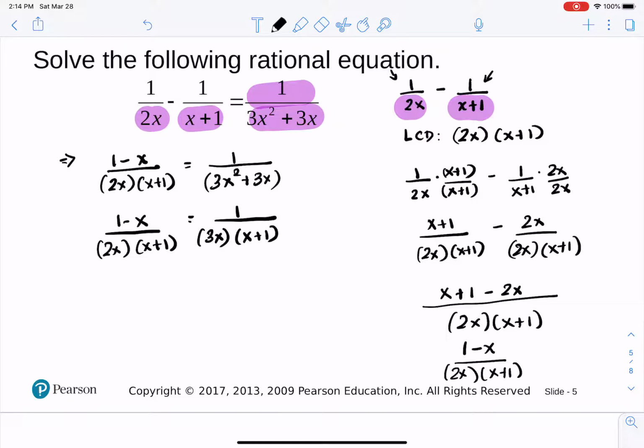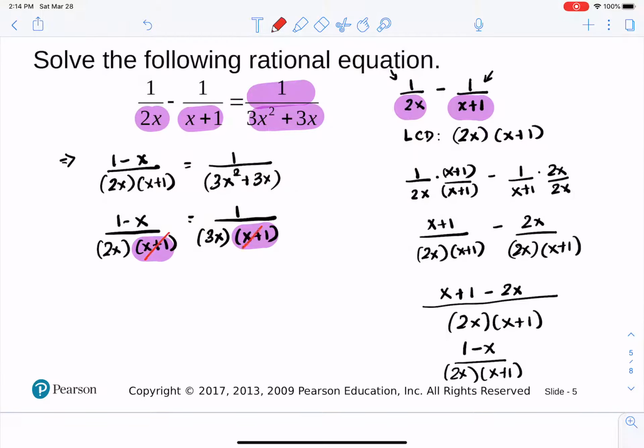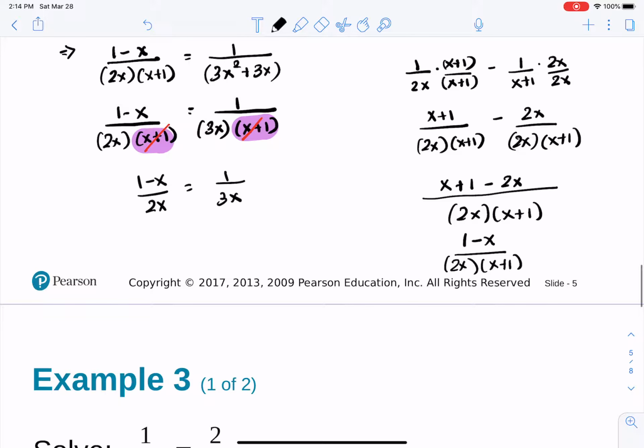So in the denominator, I see that term and that term in common, so those two would get cancelled. That's algebra. So those two would go away, and we would end up having 1 minus x over 2x equals 1 over 3x. And lucky for us, we have x in common also. So that term and that term would go away. We have 1 minus x over 2 equals 1 over 3.